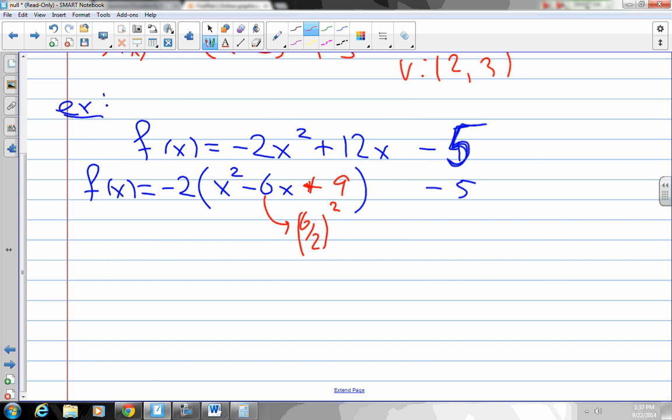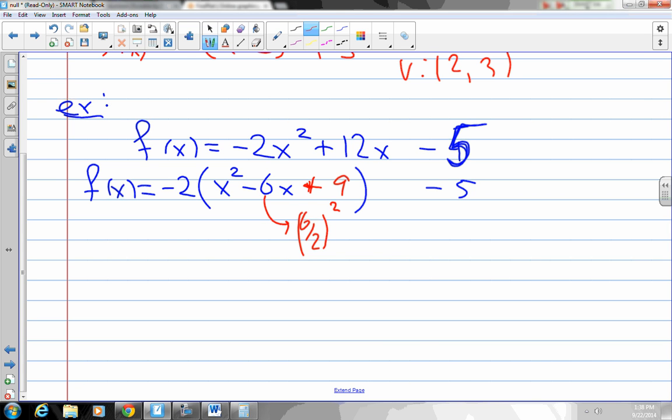Okay. So far? So now really pay attention. By how much did I just change my function? What did I really, by adding 9 inside the parenthesis, what is the change in my function? Can you measure that? Did I just add 9 to the function, or did I do something else?